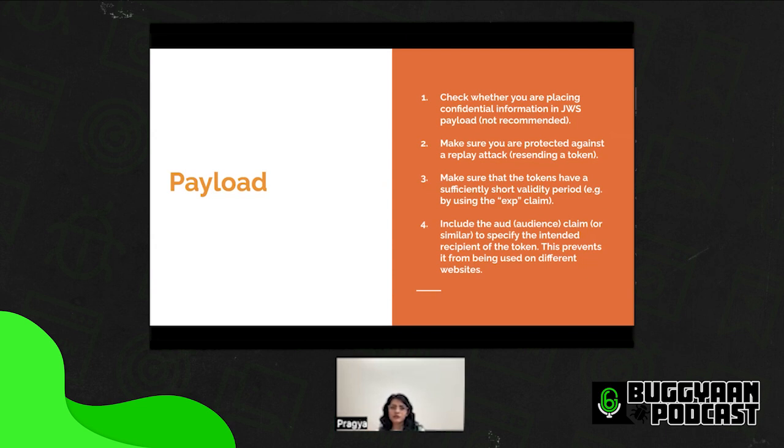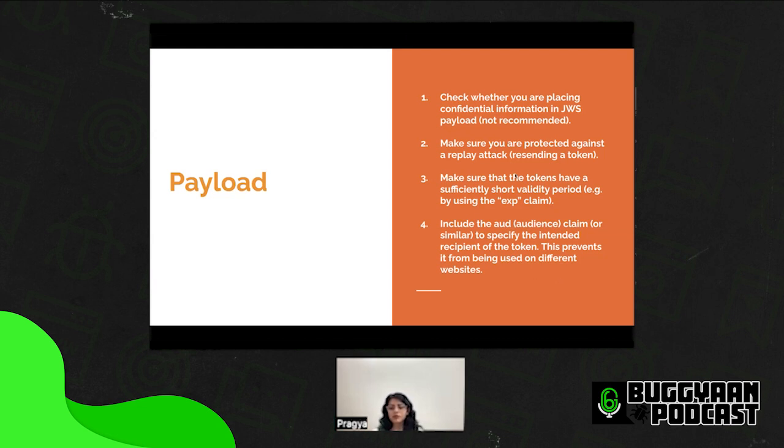Suppose a year later, 2 years later, 3 years later, there is a man in the middle attack or someone performs a Wi-Fi attack and gets all the traffic. It's possible that the user's JWT token could also be retrieved, and then that attacker could use that token to access the application. So that's a far-fetched use case of a replay attack. So make sure you are protected against replay attacks also.